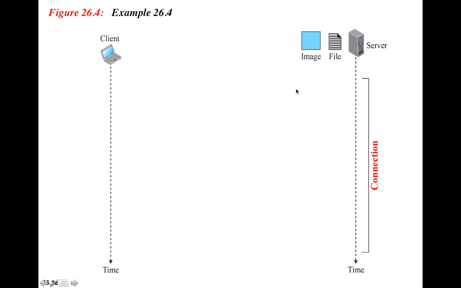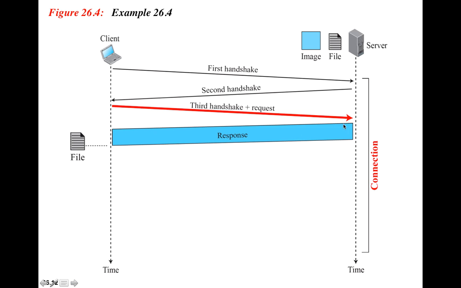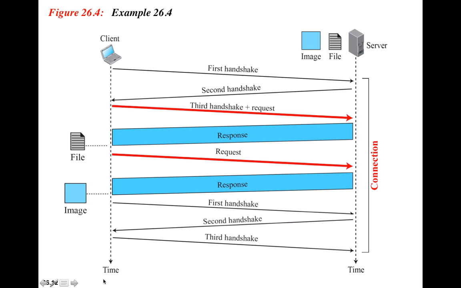So in a persistent connection, using the same example of retrieving the image and file, you have the first handshake to establish the connection, and then we send the request and receive a response from the server. We send another request, this time for the image, and receive another response from the server. After we have completed the transfer of all these files, we then terminate the TCP connection.